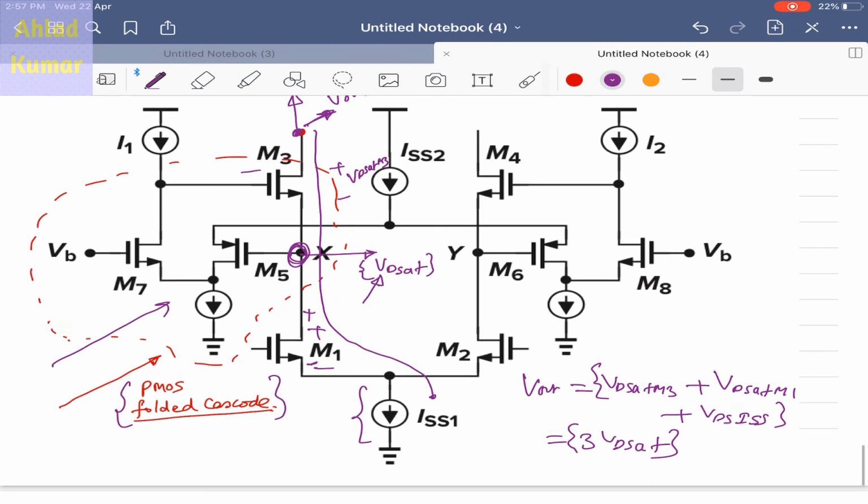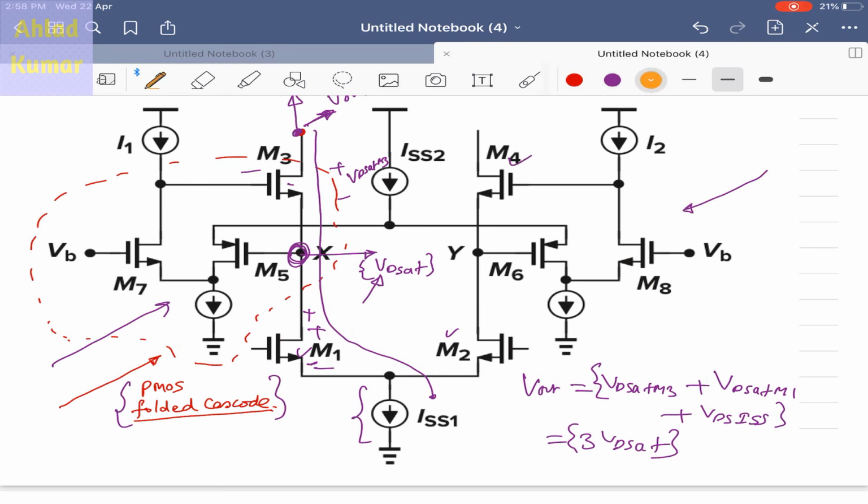So this finishes off the application of using gain boosted amplifiers in the cascode structures, that is the cascode differential amplifiers, which is given over here. And why is it a cascode differential amplifier? Because M1 and M2 are the main differential amplifiers and M3 and M4 are the cascode branches for M1 and M2.